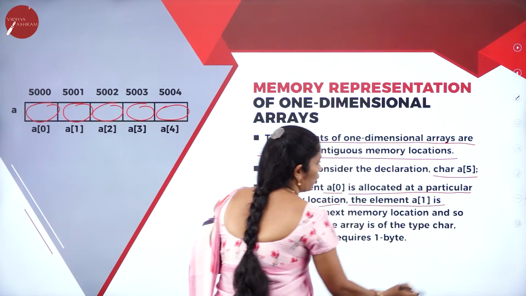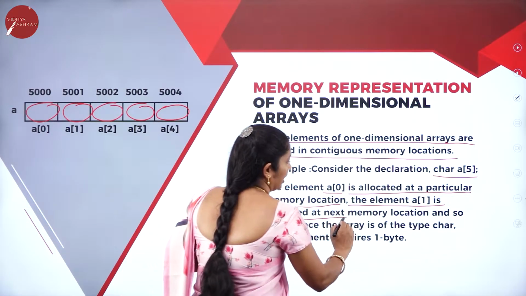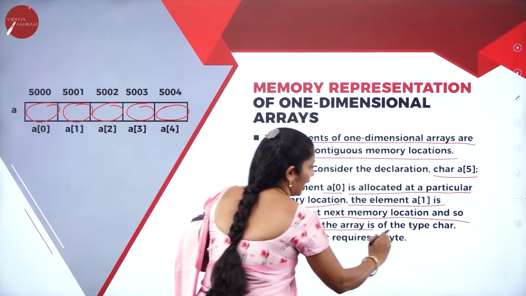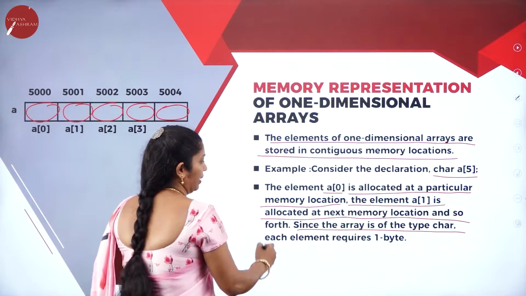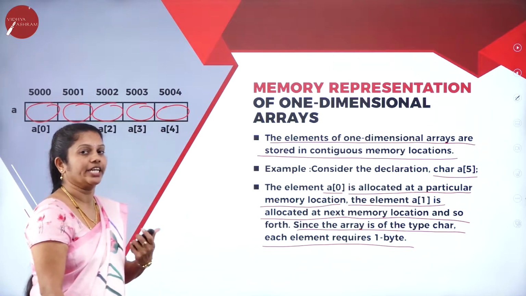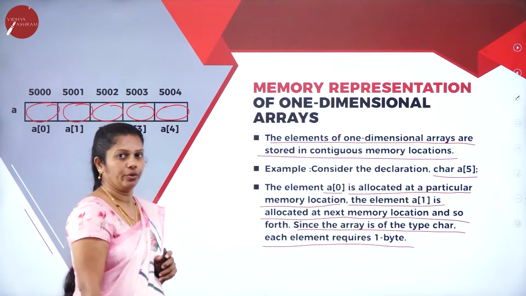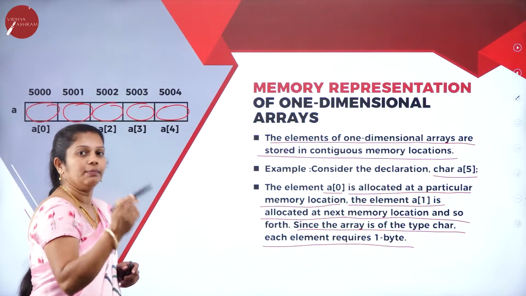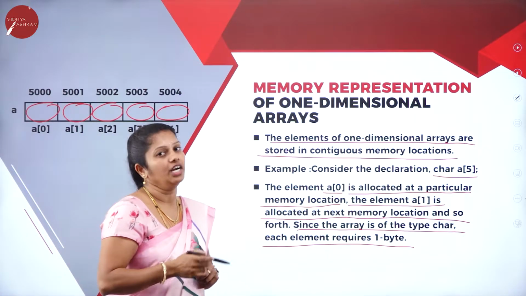The element a of 1 is allocated at the next memory location and so on. Since the array is of type char, each element requires 1 byte of memory here.